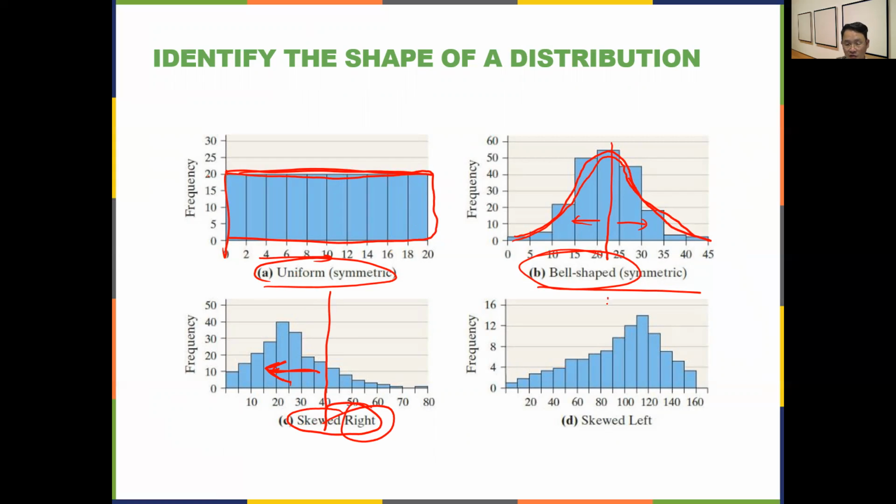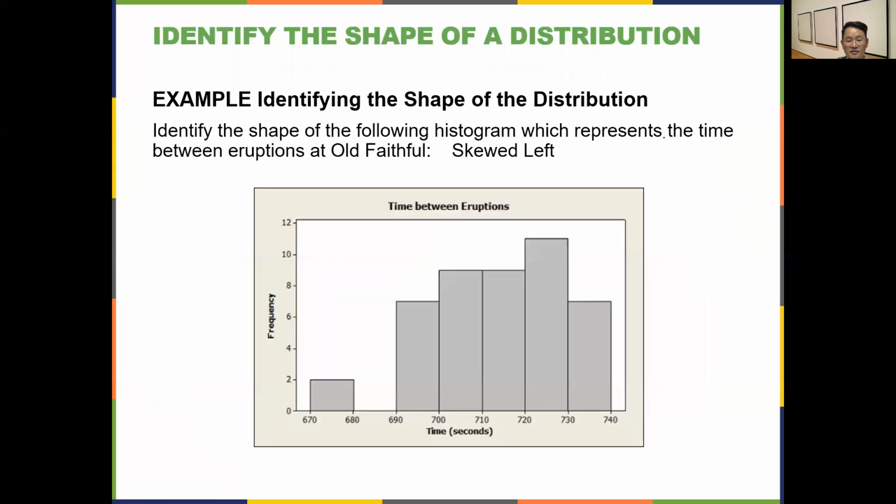What about here? If there are more data points on the right side from the middle, then we call this skewed left instead, right? The more data points on the right side, called skewed left. More data points on the left side, it's called skewed right. Okay, so that's a basic distribution shape, right? 4 different shapes.